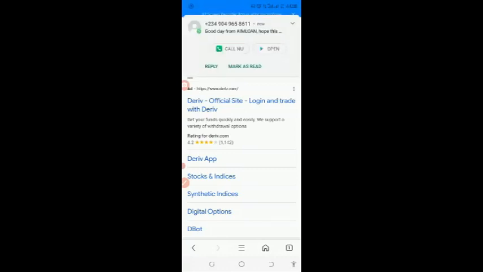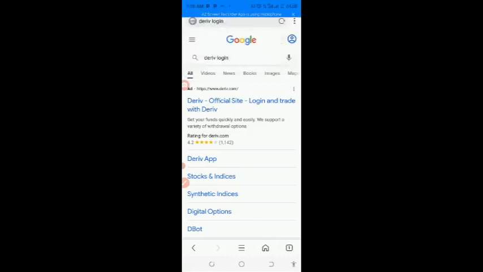So you have to be using P2P to pay. You buy and you sell there, and when they want to buy from you, your account number, details, everything will be there. So I'm taking you to Deriv now for you to understand that. Let's move to Deriv now.